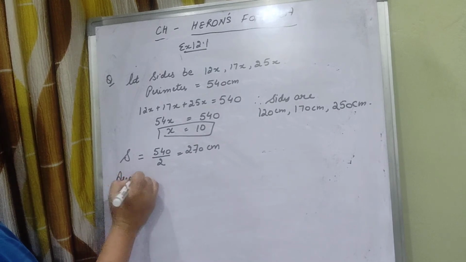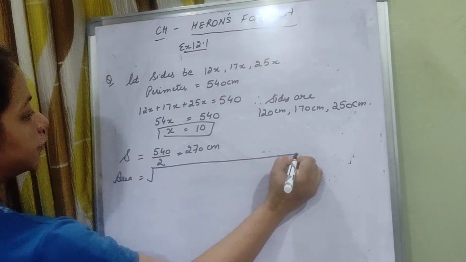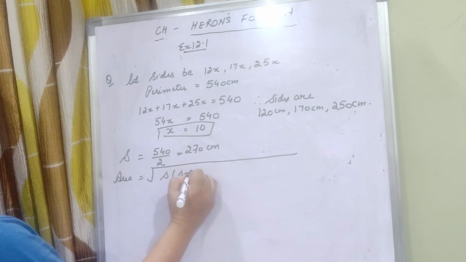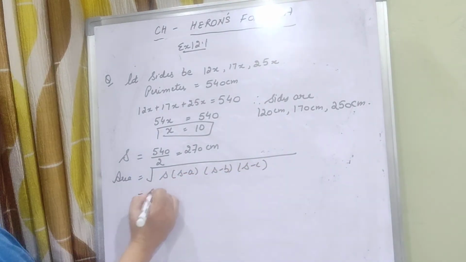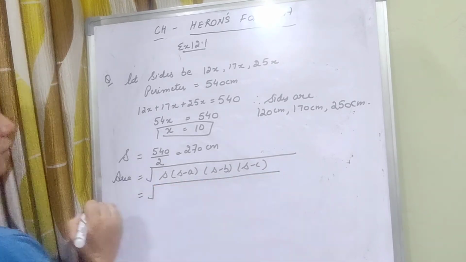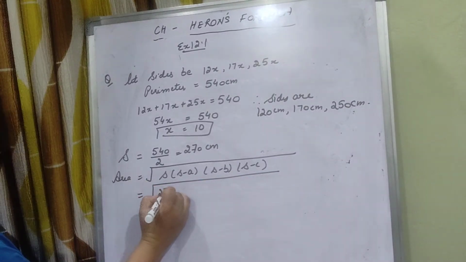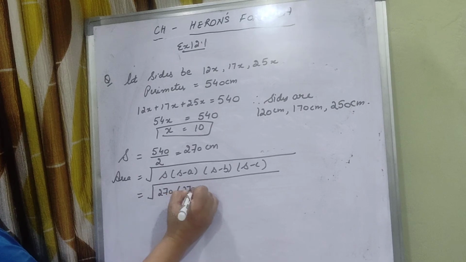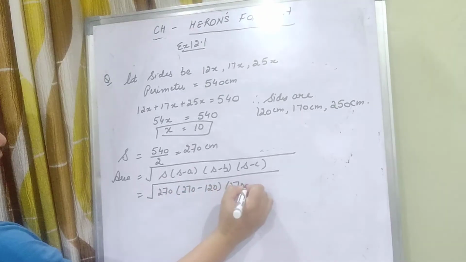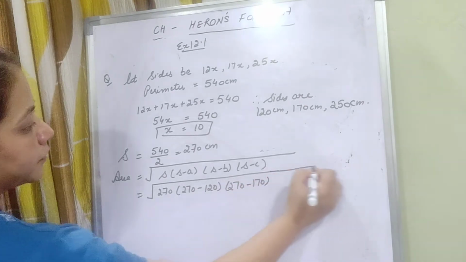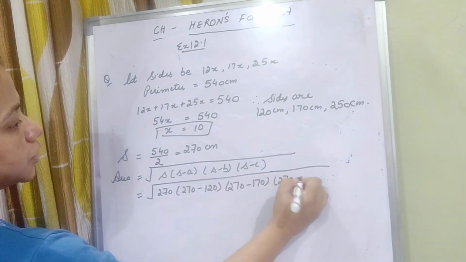Now area, again write the formula first. S is 270. 270 minus 120, 270 minus 170, 270 minus 250.